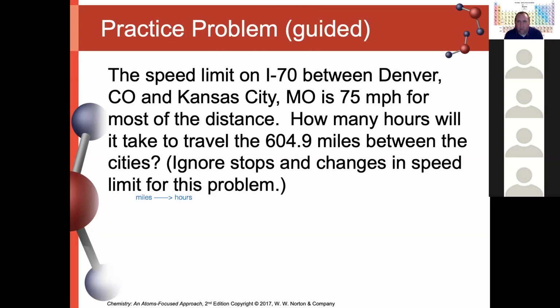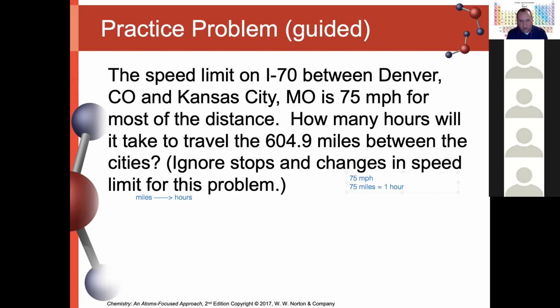Remember that the word per indicates a division, a ratio, a fraction of some sort is taking place. So we can say that 75 miles per hour means that 75 miles are equal to 1 hour of time.